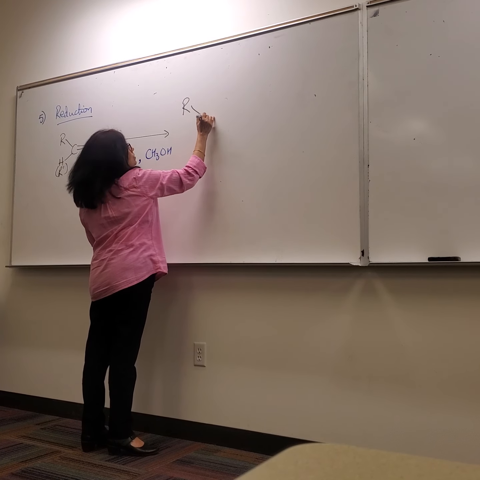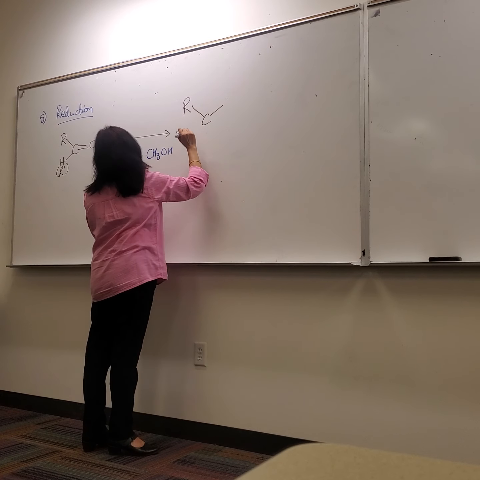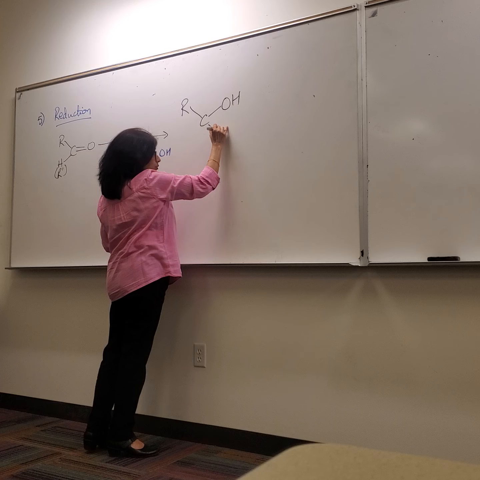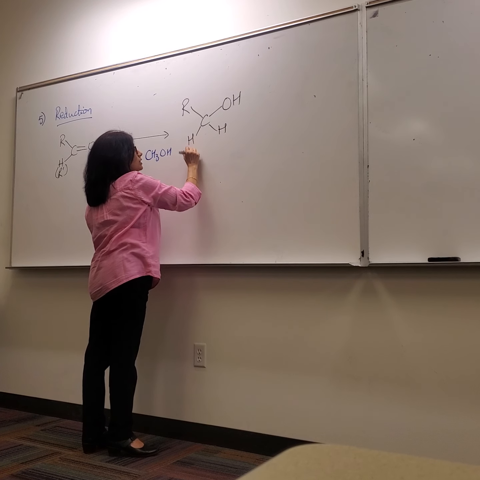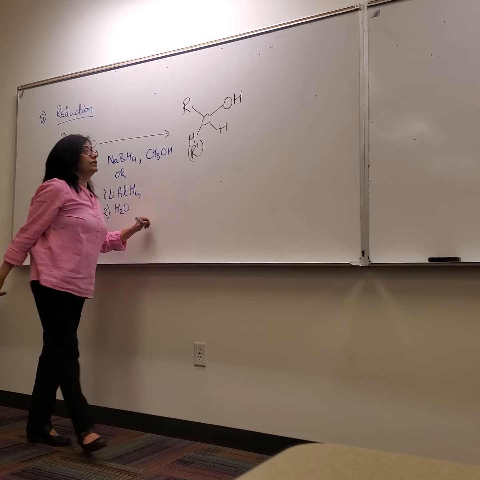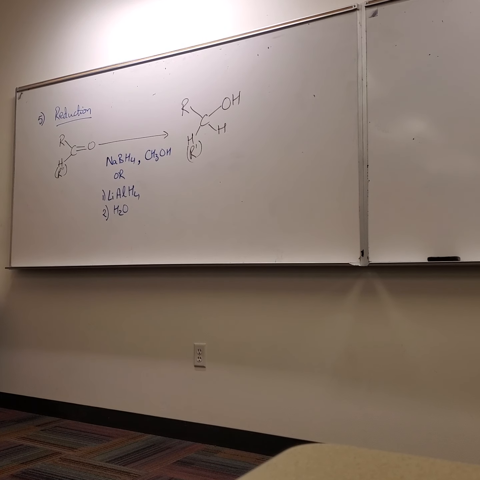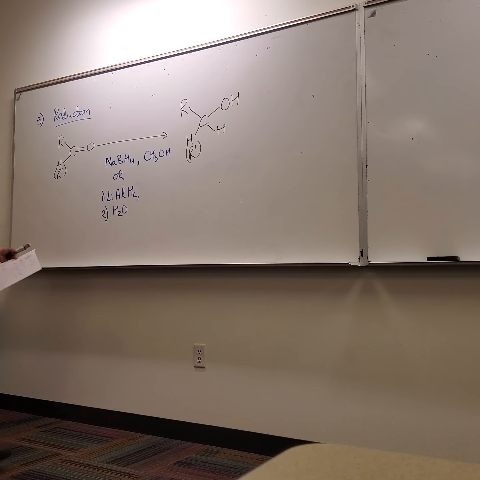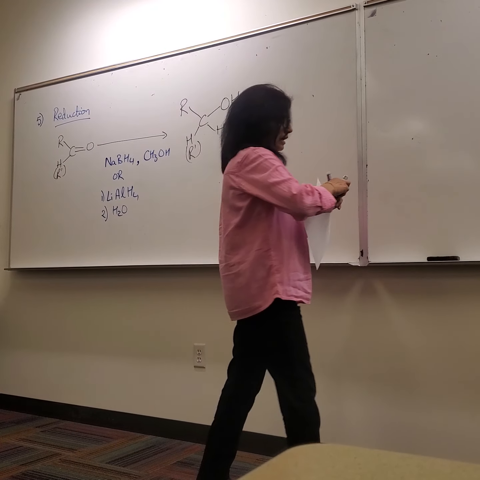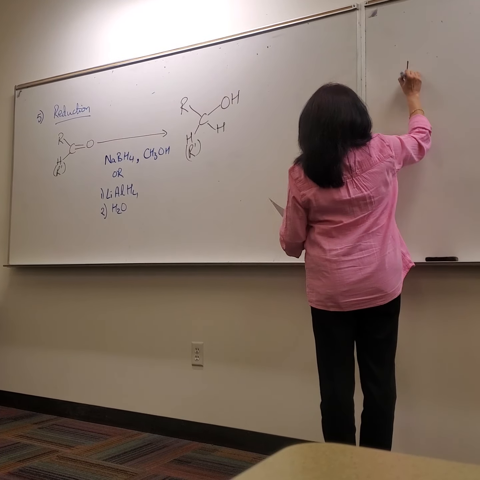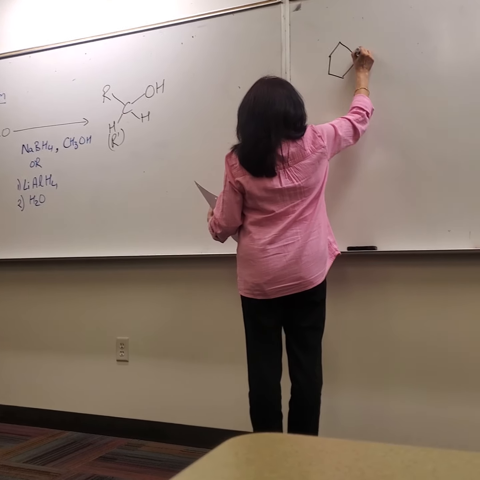A primary. And if it were a ketone, what kind of alcohol would it be? Secondary. Okay, cool. So let's do this a couple of times just to remember. And we did write a mechanism for this also last quarter, so we should be able to do so.